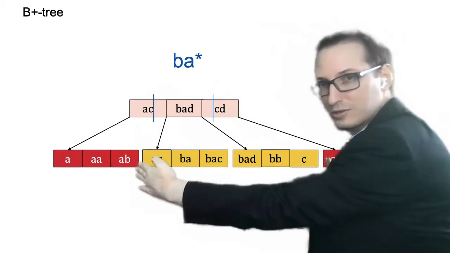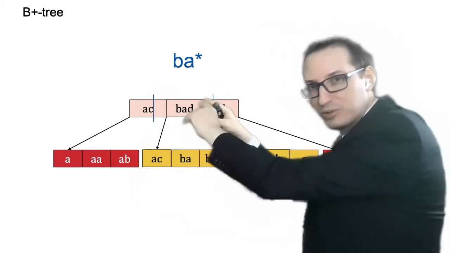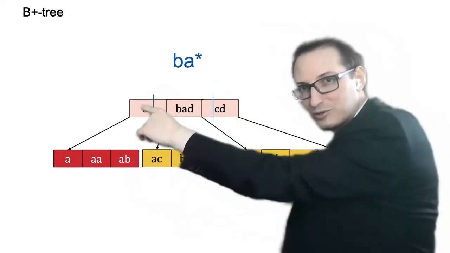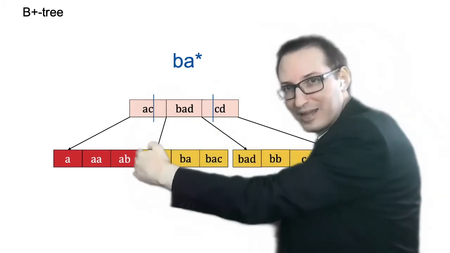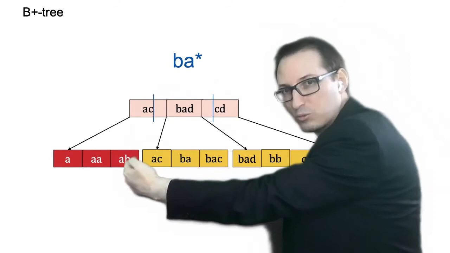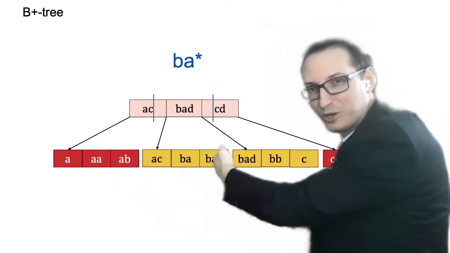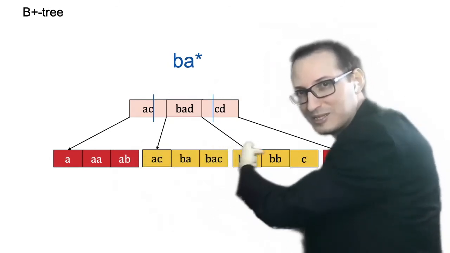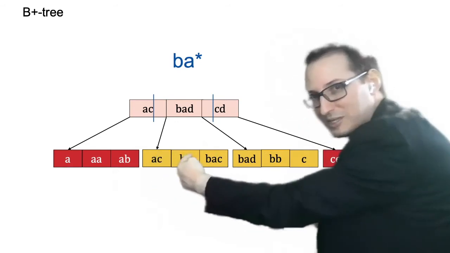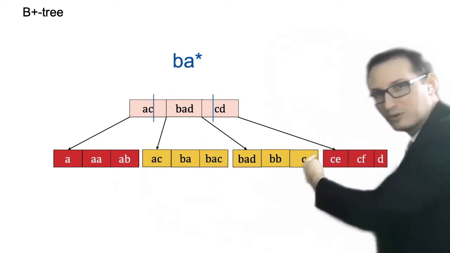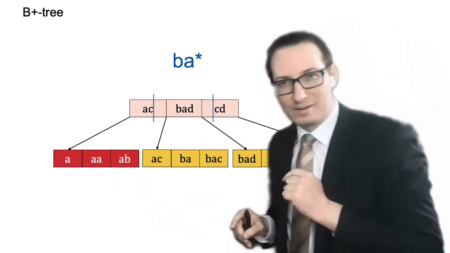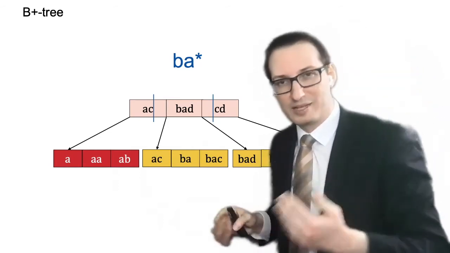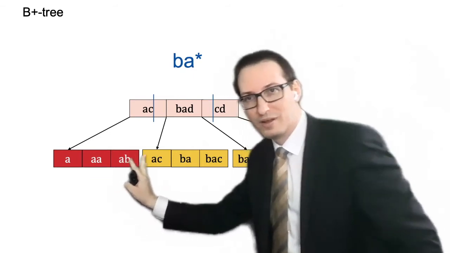And then you find the interval, then you can recursively go down, right? So one way to do that is to go from the left, and then you can walk your way following these magic pointers I told you about that basically give you a doubly linked list. You can walk your way until you exit the interval, right? So that's one way to do it, where you walk left to right.